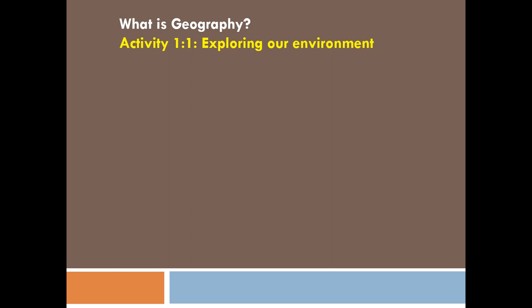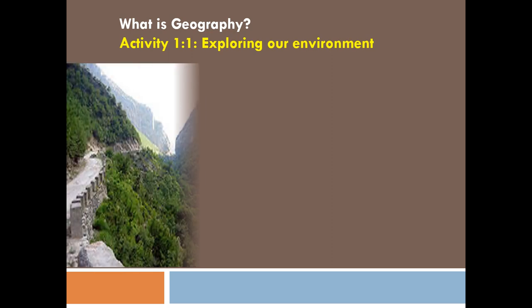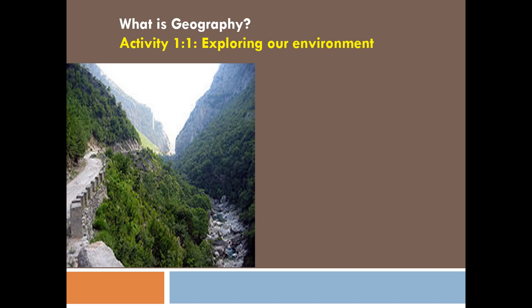When you're at home, you can equally get out of the house and explore the area surrounding your home, and you'll identify some of these environments which I have brought to you in the form of pictures.